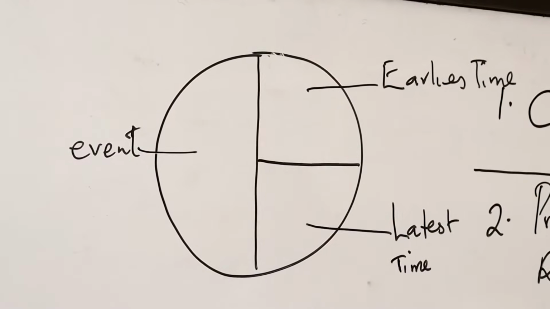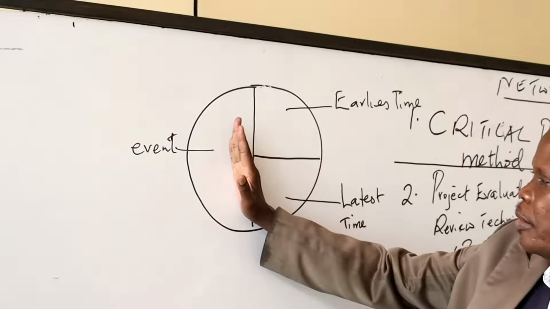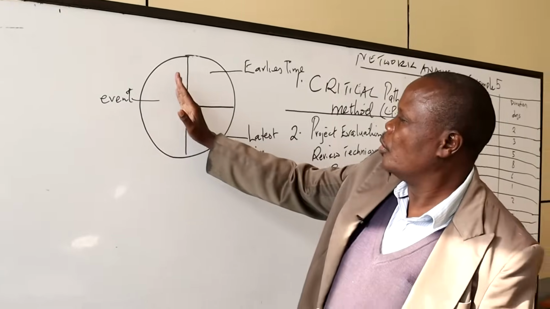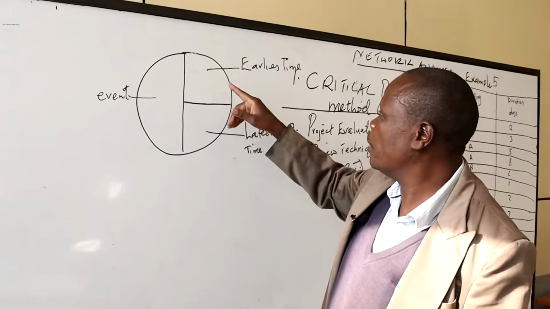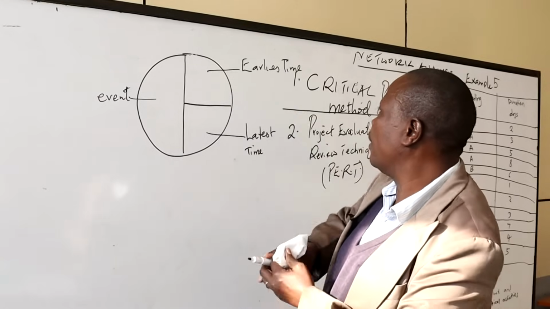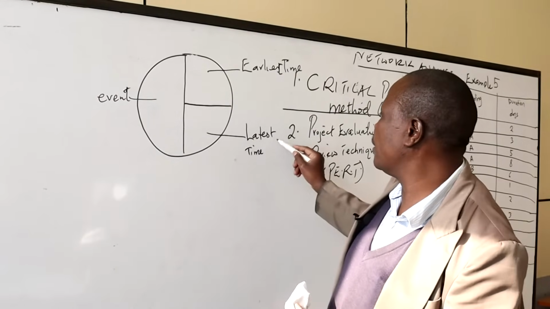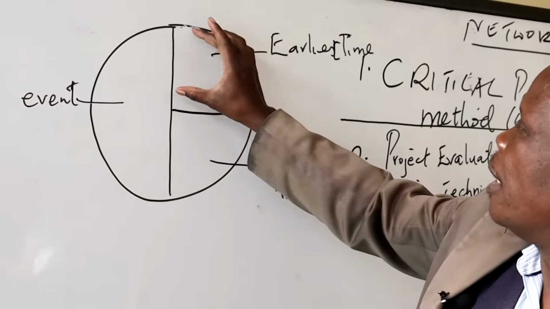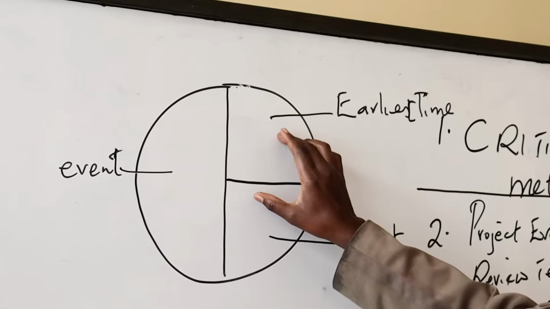So each node is going to be subdivided into three parts. This one we are going to now factor in the numbering of the events. This is earliest time. This is latest time.